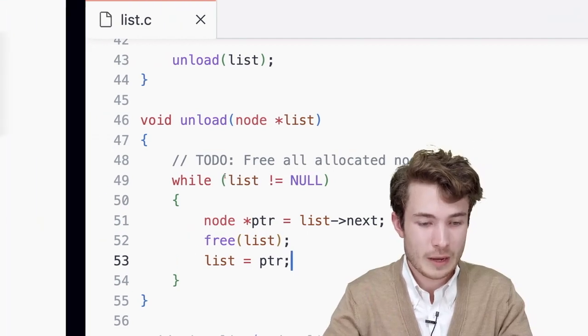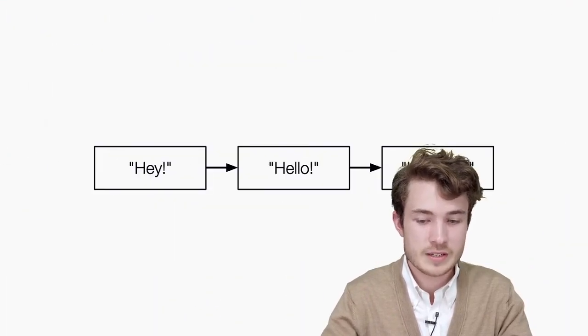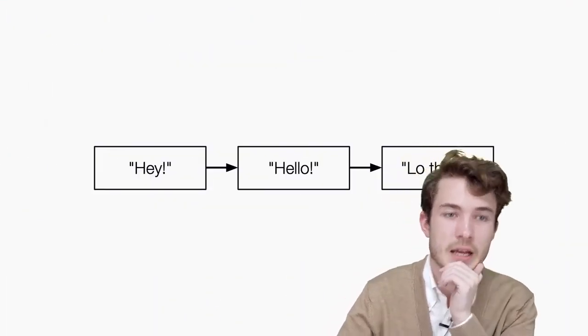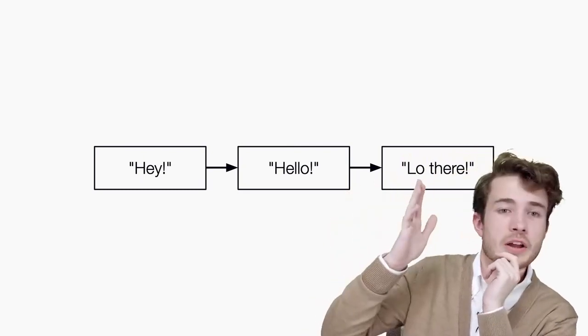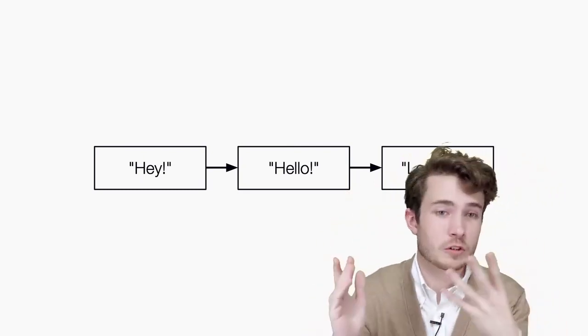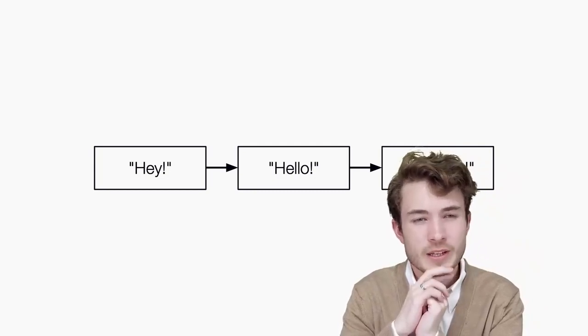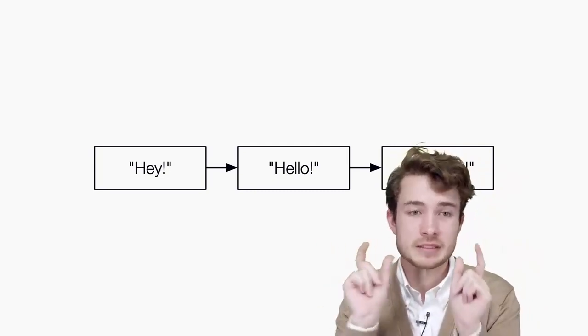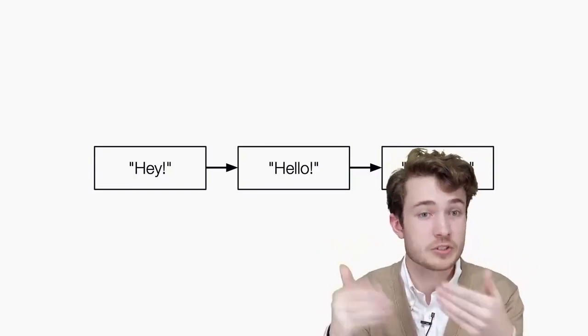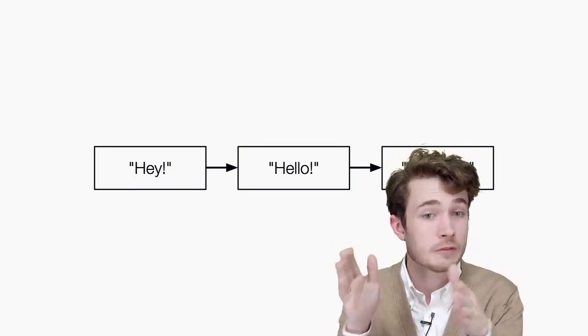So if we go back to our slides here, and we see this idea of a linked list. We have maybe hey, hello, there, different kind of activation words for our voice assistant. Well, what we could do is try to make sure we can access certain parts of this linked list faster, to make sure we can actually search this linked list faster. And we could, for that, use a hash table.